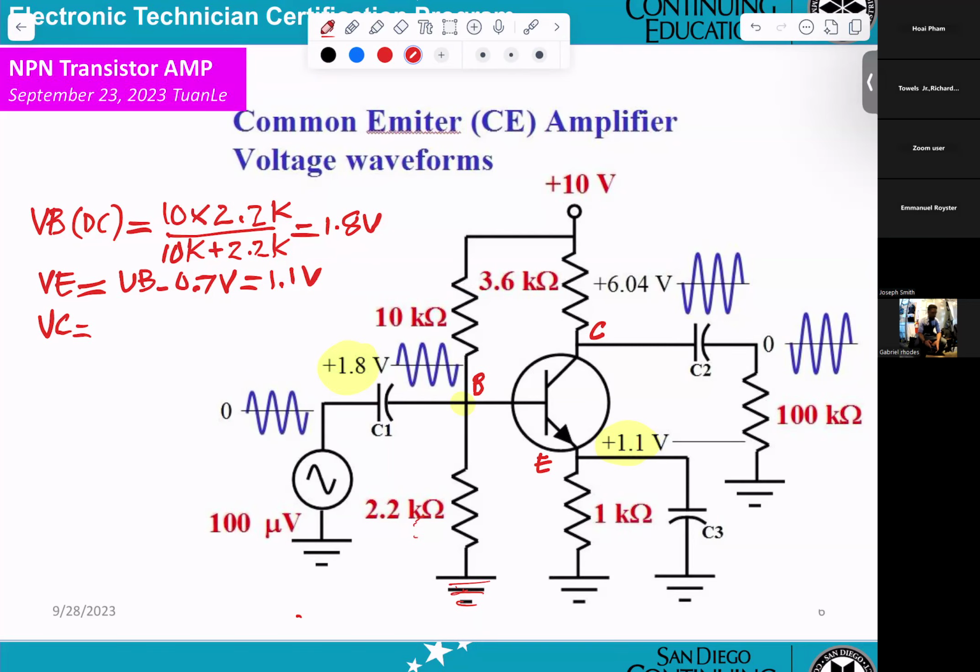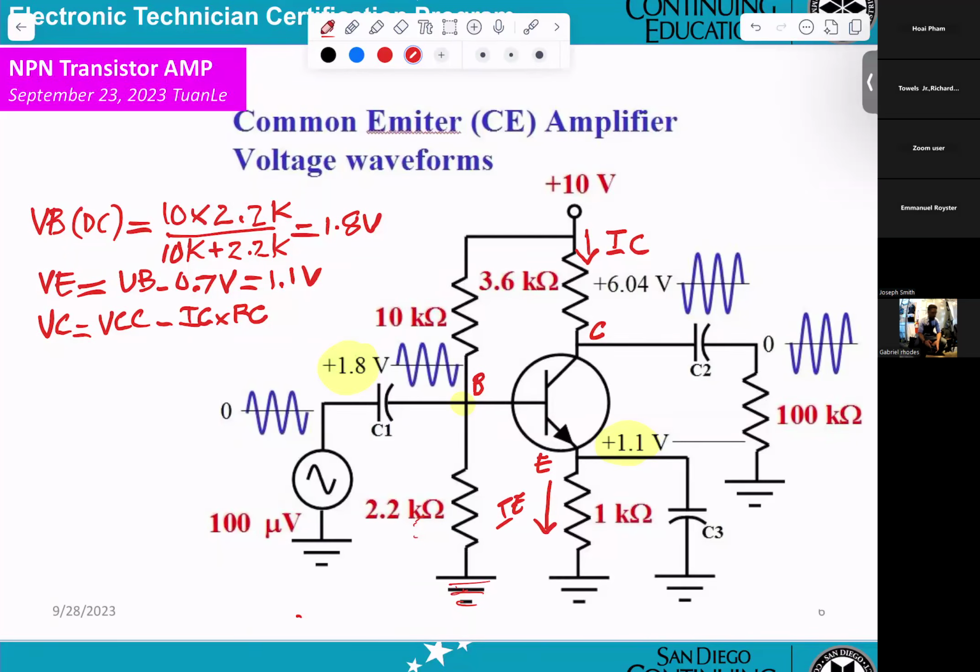Okay, VCC minus IC times RC. So you can see this is the current flowing here, IC, IE.